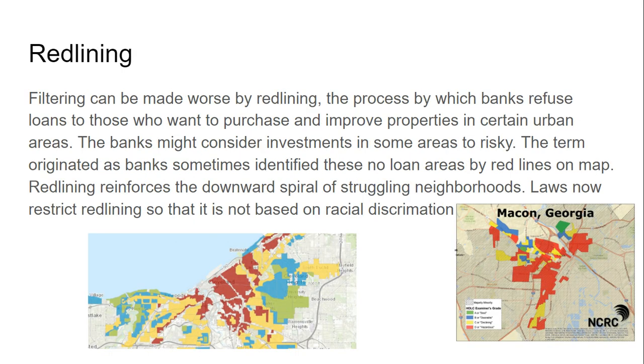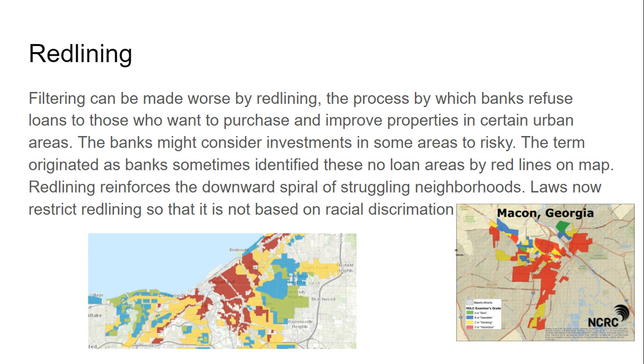And then redlining, which we talked about on Tuesday. Filtering is made worse by redlining. Redlining is the process by which banks refuse to loan money to people to improve properties in certain urban areas. The banks might consider investing in some of these areas, but it's just too risky, so they won't. People trying to buy these properties can't get loans.